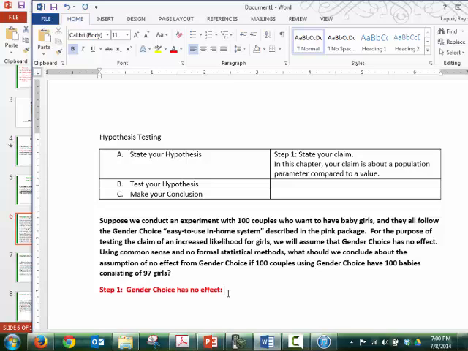So if gender choice has no effect, then what we can say is that the proportion of girls being born is 50%. So that's our first step.